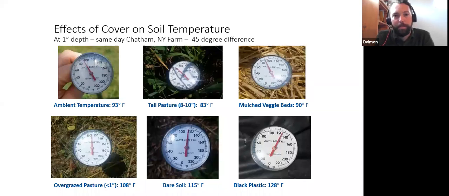It'll really slow down the benefit that you get from those more functioning soil ecosystems. So having that taller residue or taller vegetation, whether it's residue or you're allowing it to grow, you end up with a much better soil temperature, which allows better functioning of the soil and less evaporation.